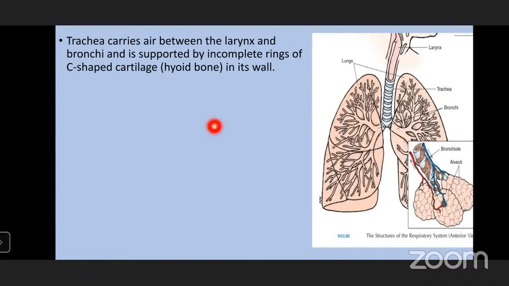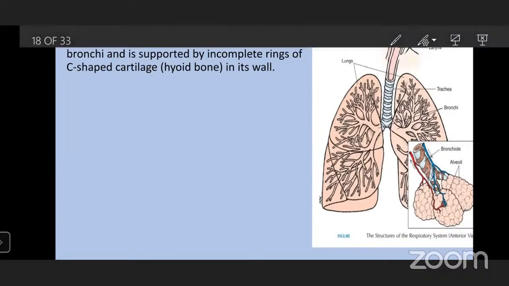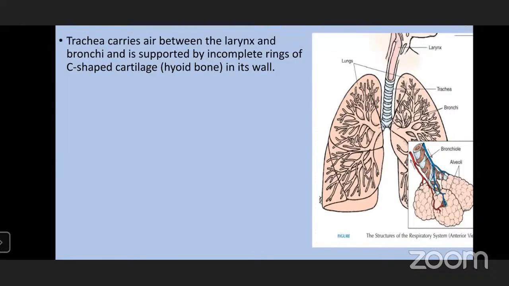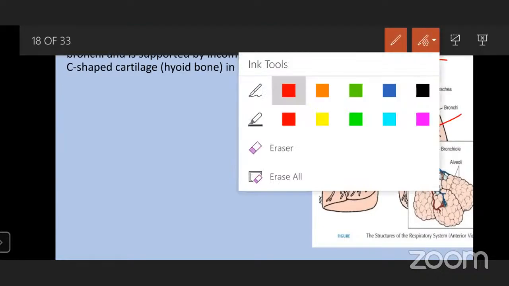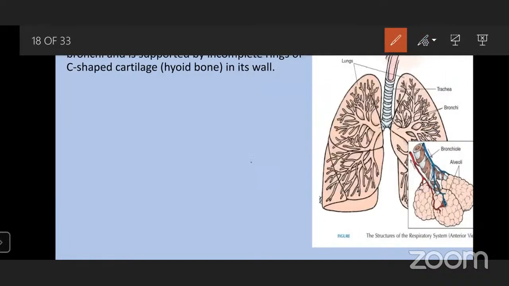The next thing is the trachea carries air between the larynx and bronchi. So in between the larynx and bronchi, the trachea is present.